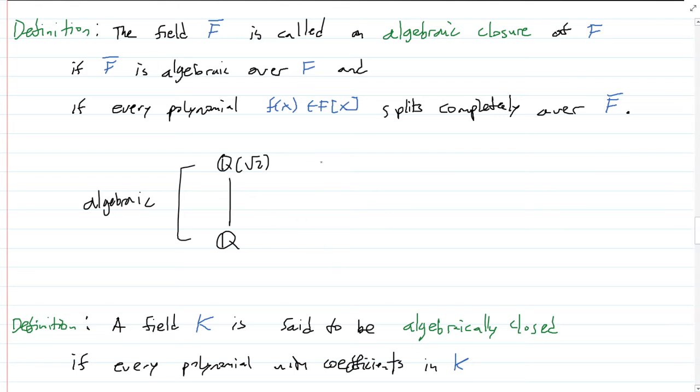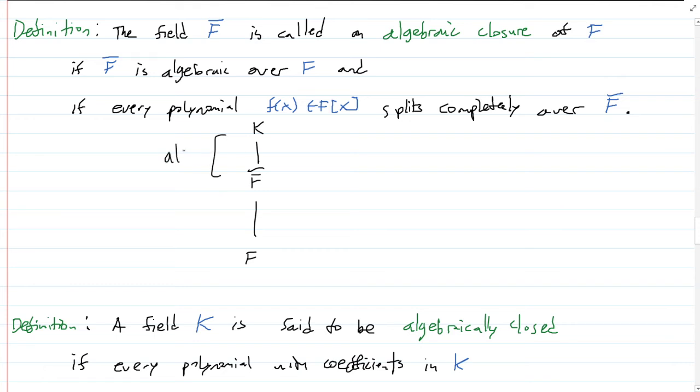I'm imagining an algebraic extension of F bar itself. Oh, I see what you mean. Yes, that's correct. If you have F, and then its algebraic closure, and then an extension of this, say K, and this is algebraic, then the whole extension is also algebraic, and it's necessarily also an algebraic closure.